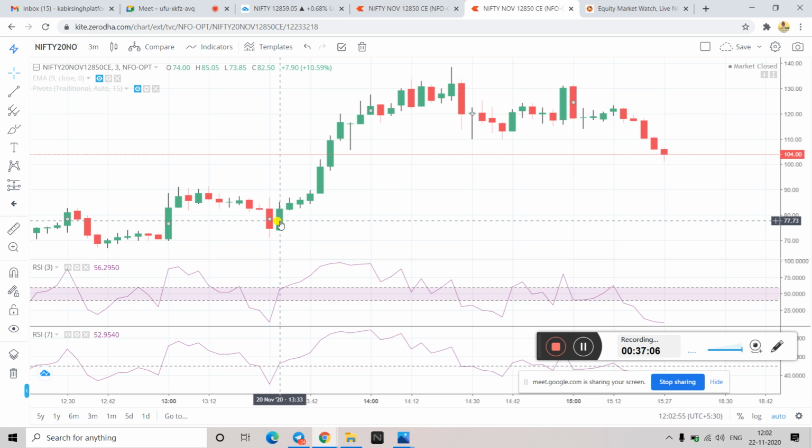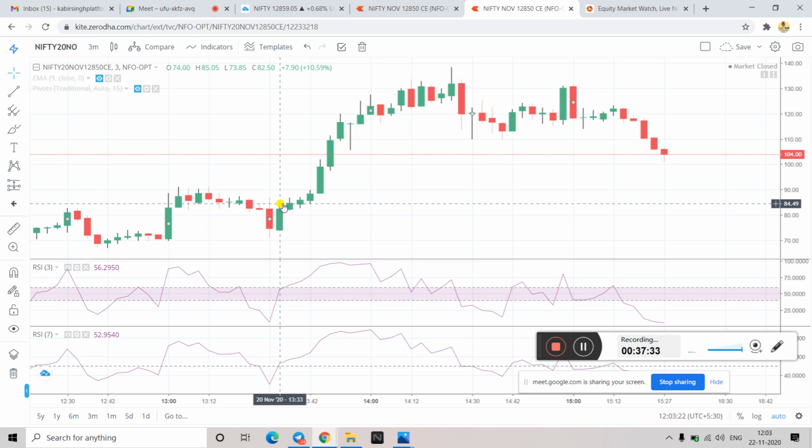Generally you add a buffer of around 1 point, or 0.05, depending. In this case, it has just crossed 85, it is around 85.05, so you can add a buffer of around 50 paisa, or you can add a buffer of 1 rupee also. All right, you can buy when the price goes above 86.